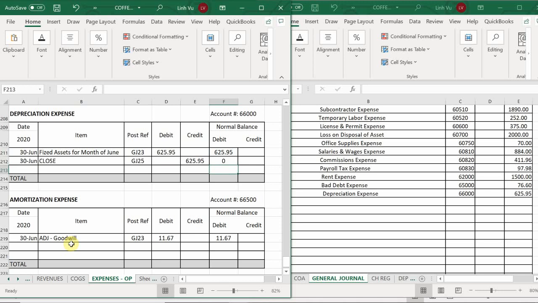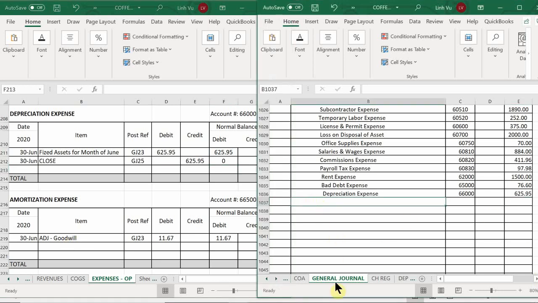Last account that we have here is our amortization expense account, which is account number 66,500. Okay. So that should be for a total amount of $11.67.